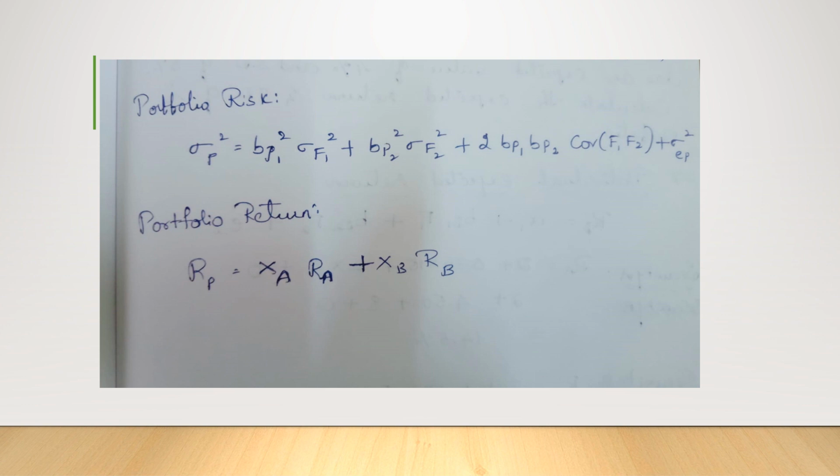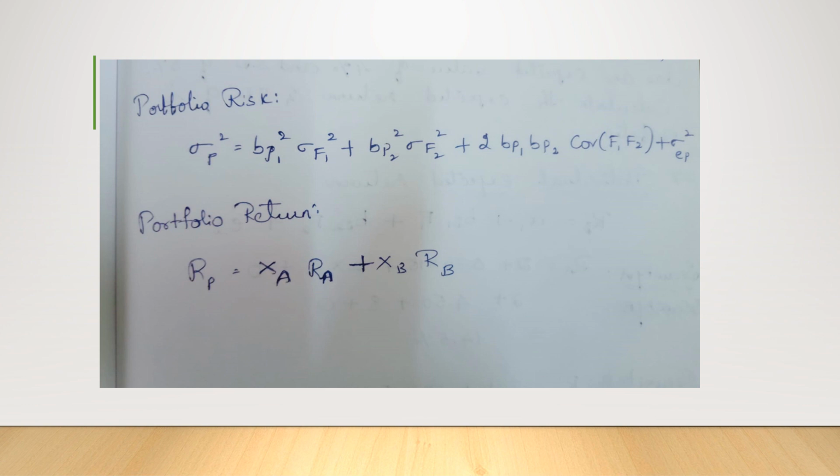Portfolio risk is given by this formula: BP1 square into standard deviation F1 square plus BP2 square into standard deviation F2 square plus 2 BP1 BP2 into covariance of F1 F2 plus standard deviation EP square.